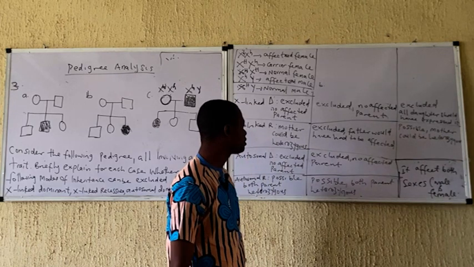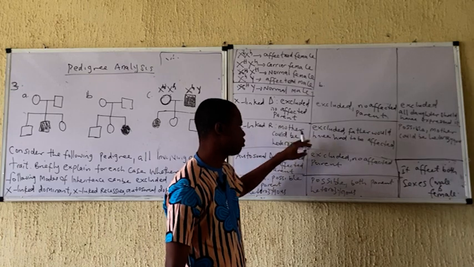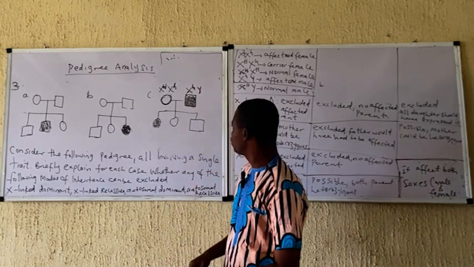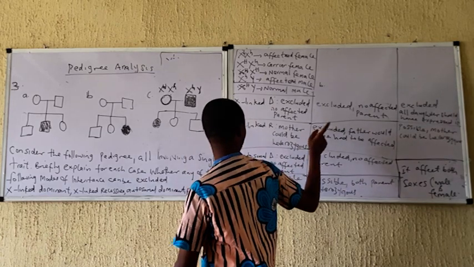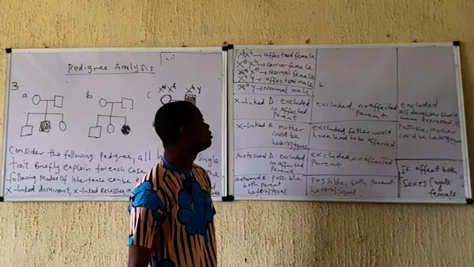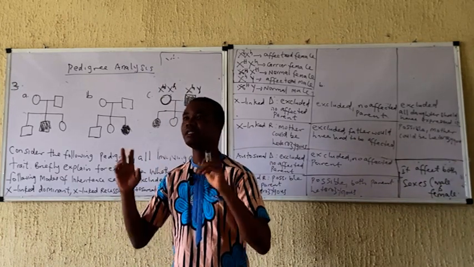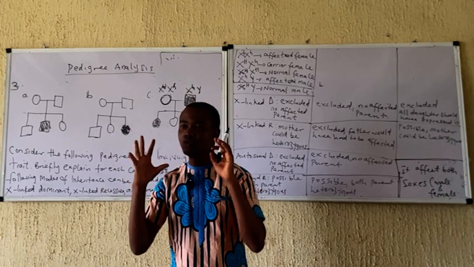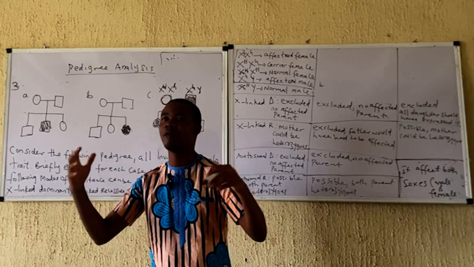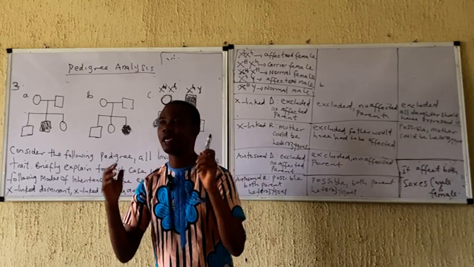However, looking at X-linked recessive, there's a possibility that this trait is X-linked recessive because the mother will have to be heterozygous. Now, there's a unique way of understanding X-linked characters.